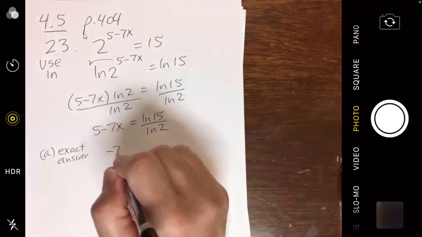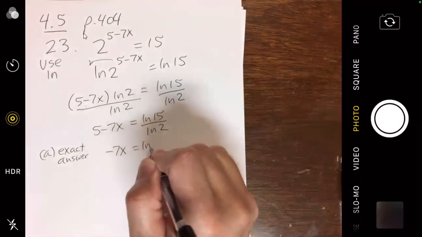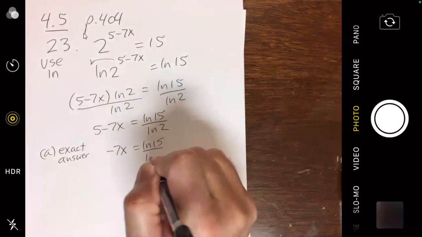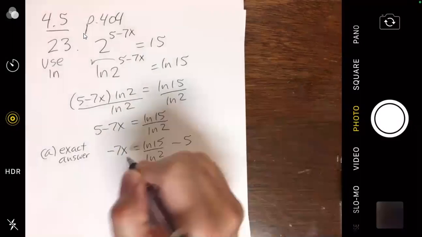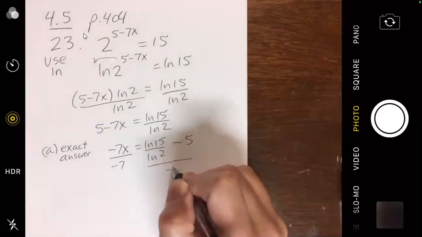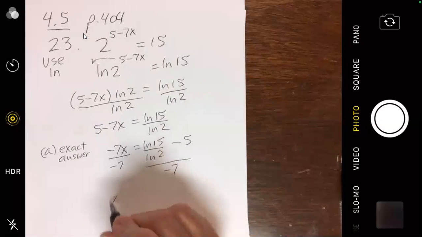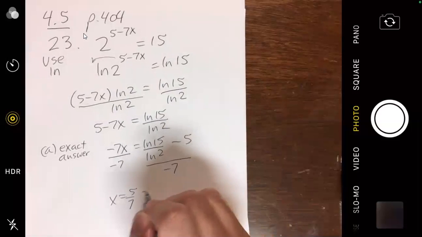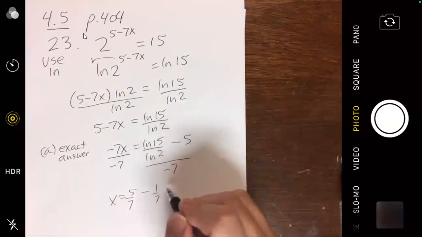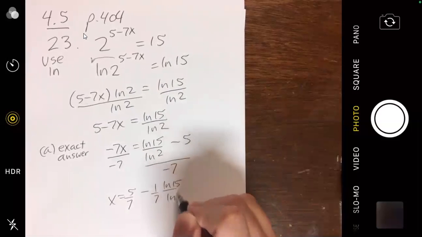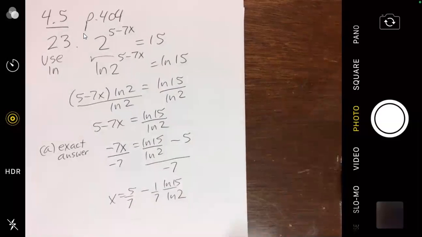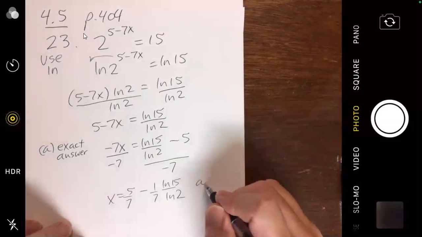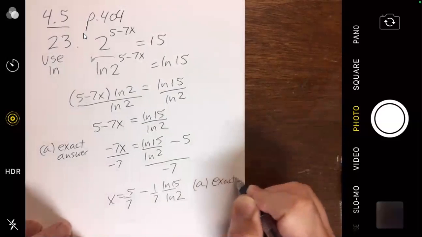So I'm going to go negative 7x equals log of 15 divided by log of 2, minus 5. When I divide by negative 7, I'm going to reverse it and write it 5/7 because the two negatives will cancel. Minus 1/7 log of 15 over ln of 2. Now, that may not be the exact form that they have. This would be the answer to A, the exact answer.